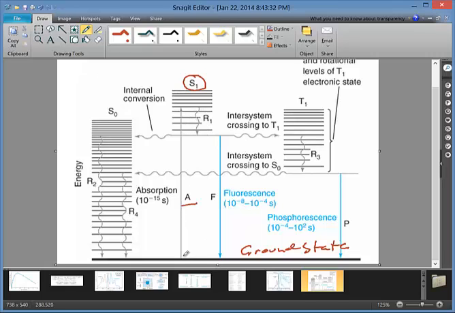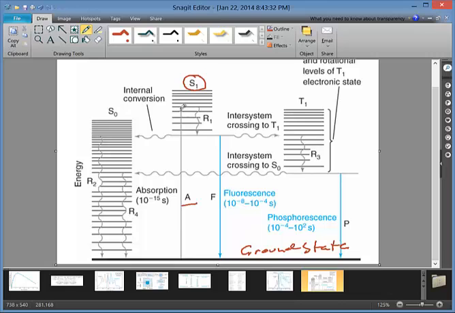So, a photon gets absorbed, then we have a transition into an excited state, and this S stands for singlet.